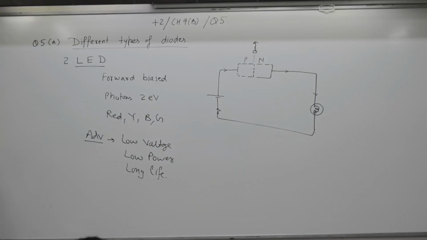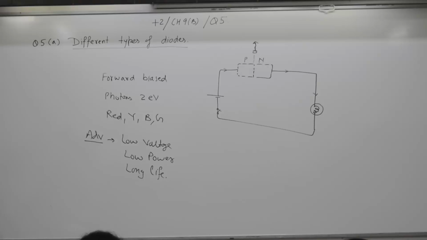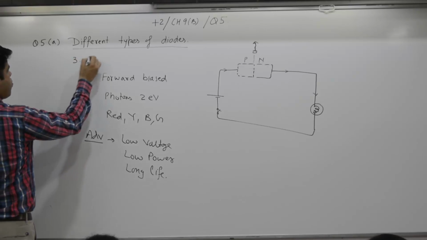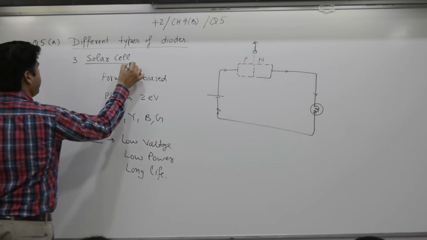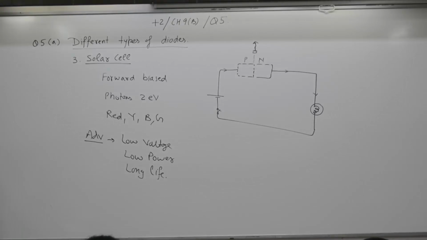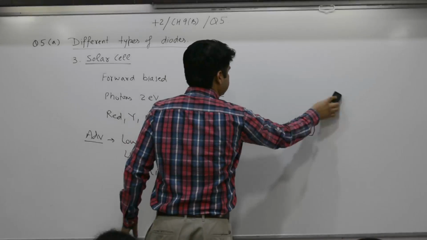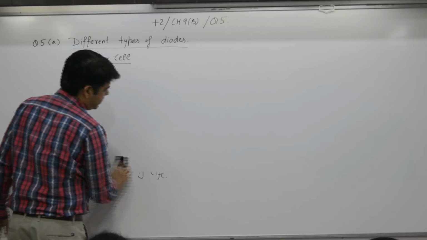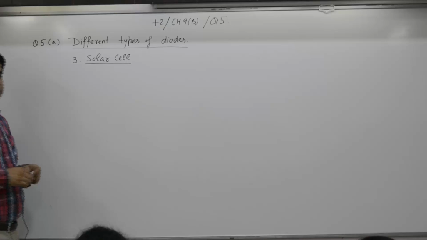Solar cell. What is a solar cell? It is also a diode. It converts solar energy into electrical energy.